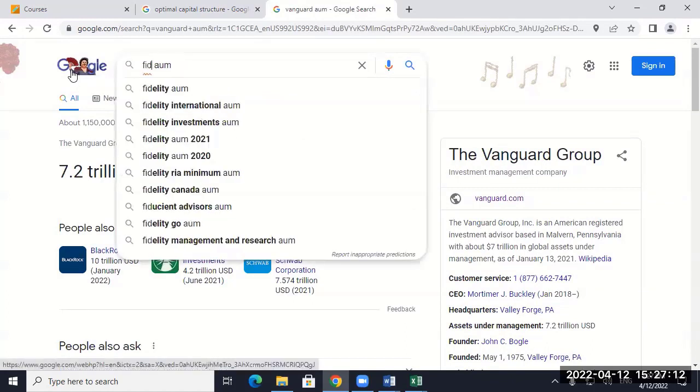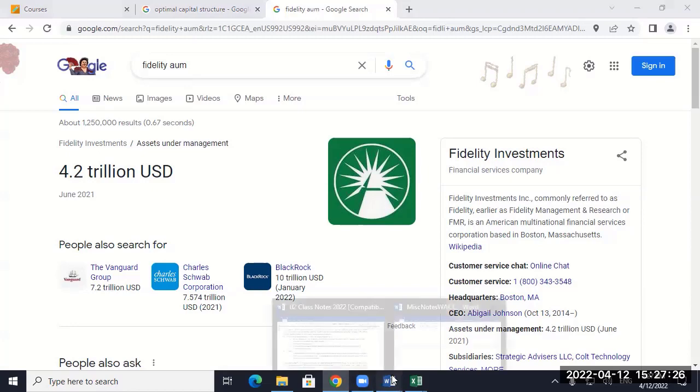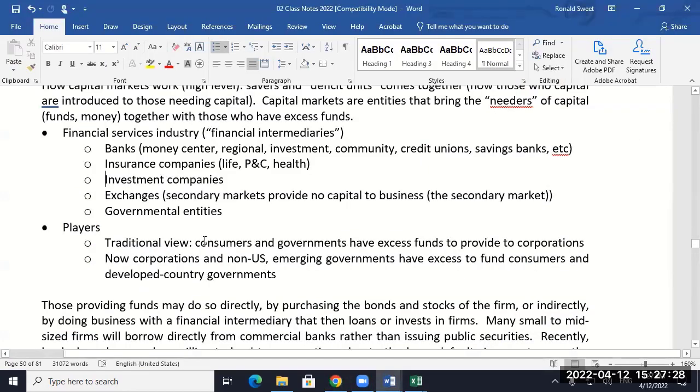Fidelity, 4.2, they're up there. So these are massive firms. They have mutual funds. They do a lot of other stuff as well. BlackRock's really strange now because they're starting to get into residential real estate, which I think is really bizarre. But they're huge. Investment companies are strange because unlike banks and insurance companies, investment companies don't actually provide capital to needers.